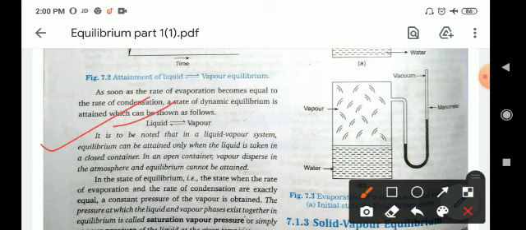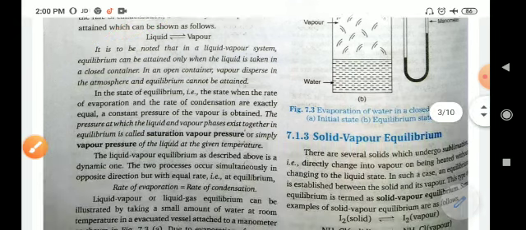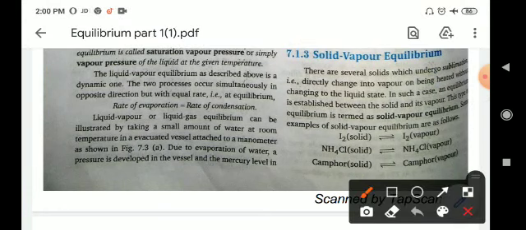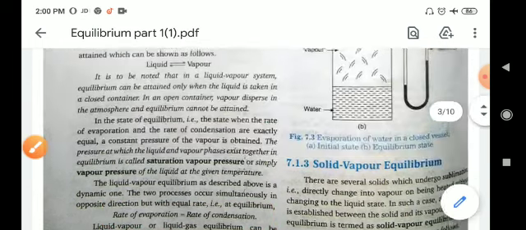In an open container, the vapor disperses into the atmosphere and equilibrium cannot be attained. So it is an important point. When the equilibrium is attained, the rate of evaporation and the rate of condensation become equal.